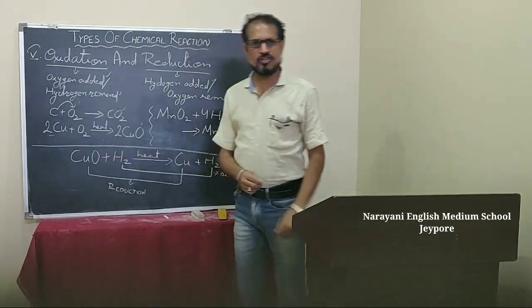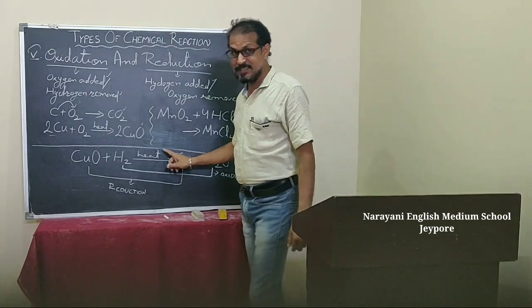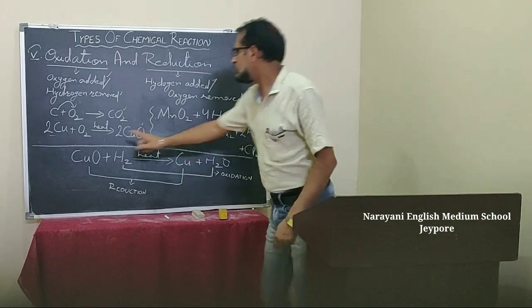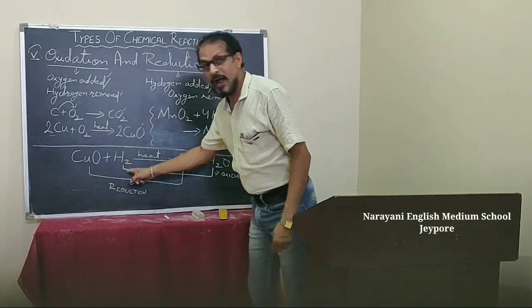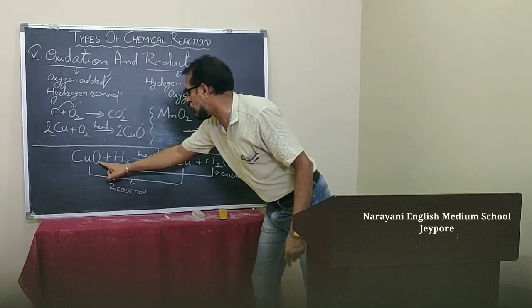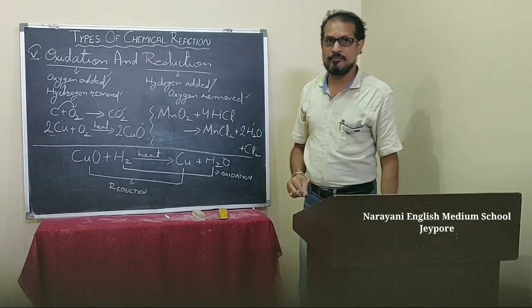Like when cuprous oxide reacted with hydrogen with heat, means here again this is an endothermic reaction. Cuprous oxide reacted with hydrogen. In this case, first let's see, Cu and O, oxygen will be removed here. So this is a reduction case.